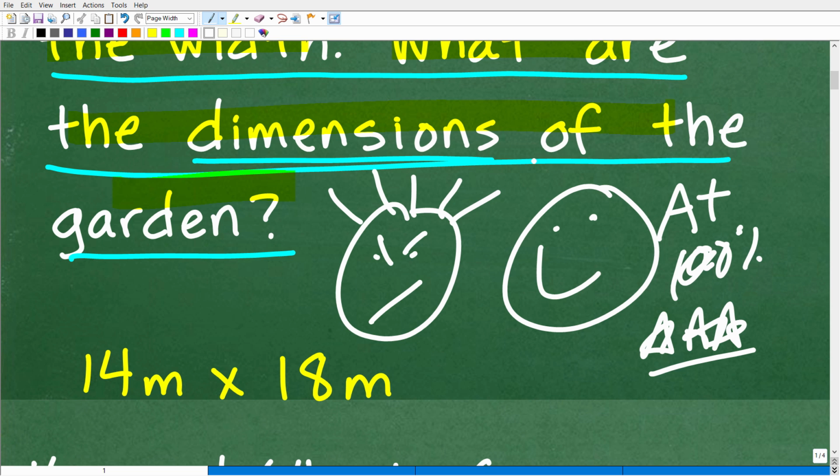So never sell yourself short on trying to figure out a problem, but algebra is a tool. It's a math tool, and you want to kind of make friends with it. There's no need to be afraid of algebra. You just have to simply learn the subject. And if you are confused about how to solve this problem, well, let's get into this solution. You'll look like this person in a couple of minutes. So let's go ahead and get started.